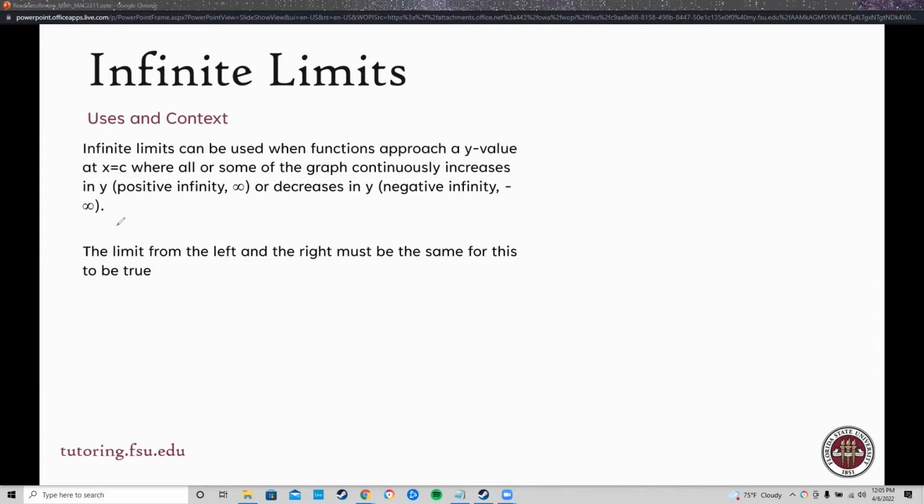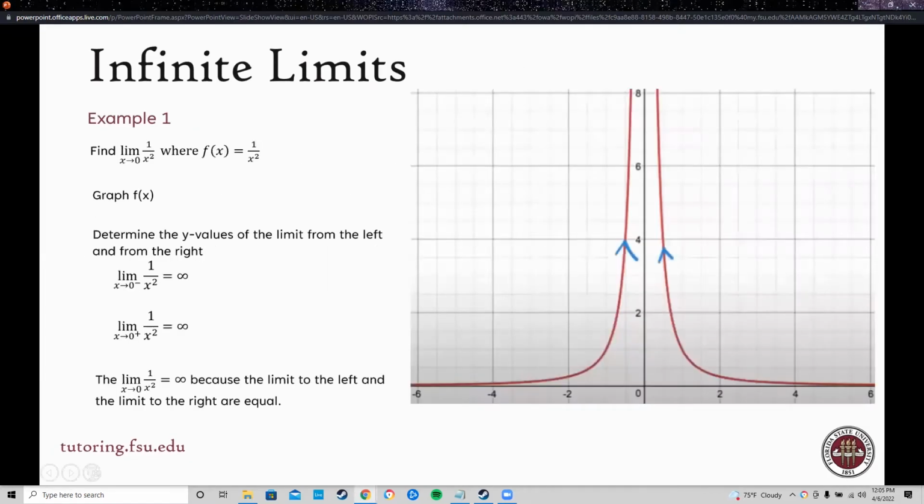And the thing that I was hinting at before is that for a limit to exist, the evaluation just has to be the same from the left and right-hand side. So it doesn't matter whether it's infinite or not. The limit can still exist even if there is an asymptote with infinite behavior. And we can see that with this example here.